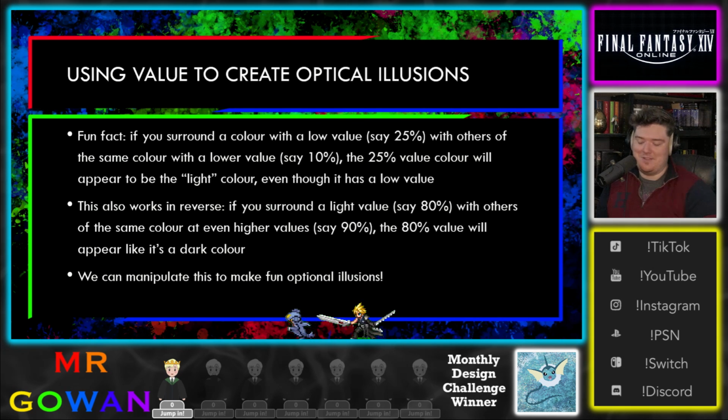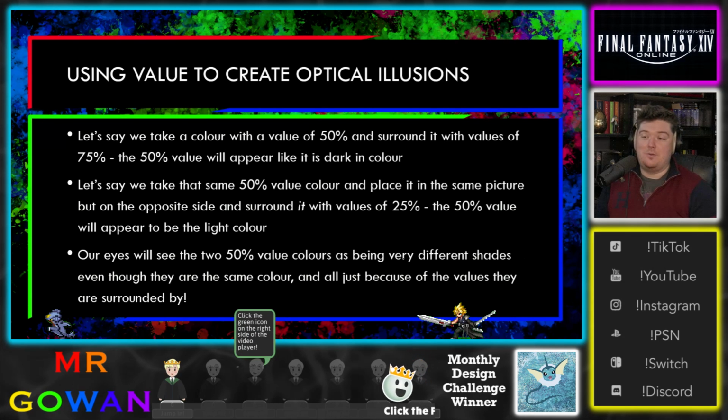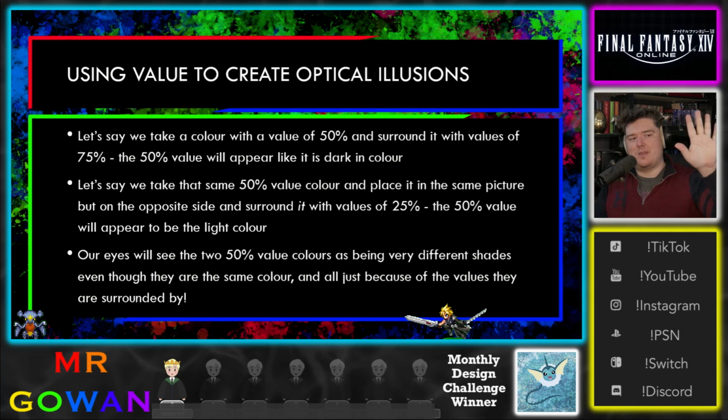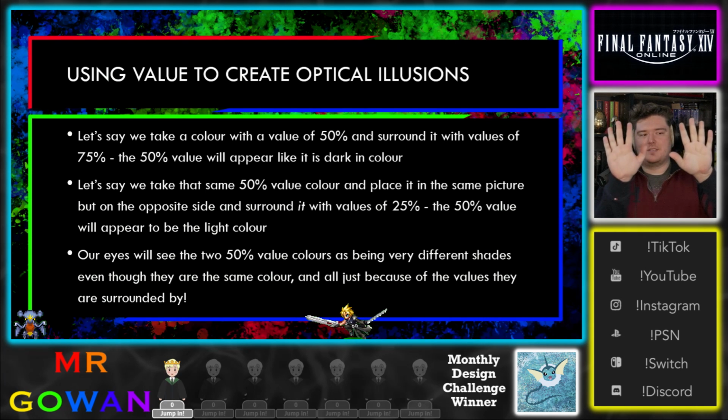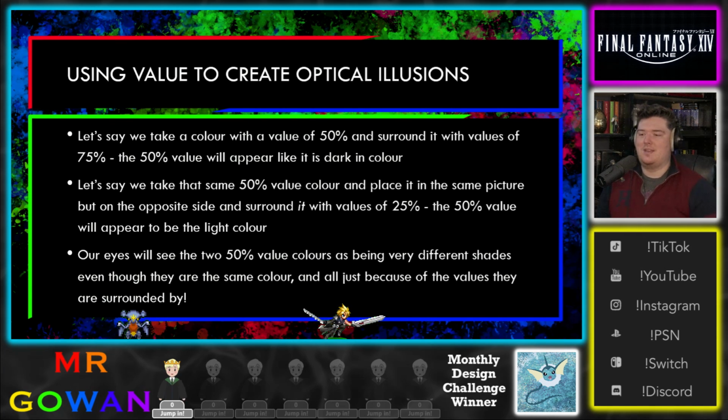And we can manipulate this to make optical illusions. This is one PowerPoint that's literally just explanation. After this, you'll have a visual example. Do not worry. Let's say we take a color with a value of 50% and surround it with values of 75%. The 50% value will appear darker in color. Let's say we have that on this side of a page. Now, on the opposite side of the page, we have that same color with 50% value, but we surround it with other values that are 25%.